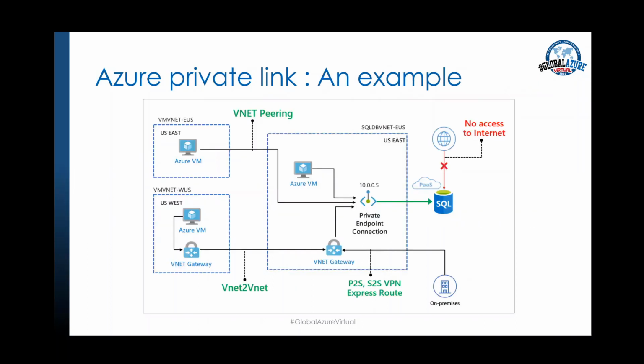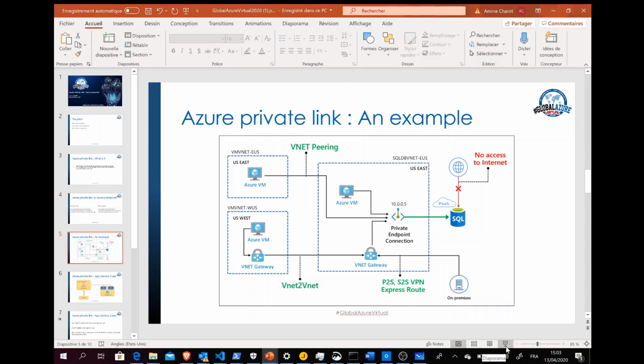So let's talk about all this through an example. Here is a schema that I took from the Microsoft documentation. Let's assume that a client wants to create his own SQL server and wants to reach it without any access from the internet or any access to the internet. So in other words, he wants to create an SQL server here.